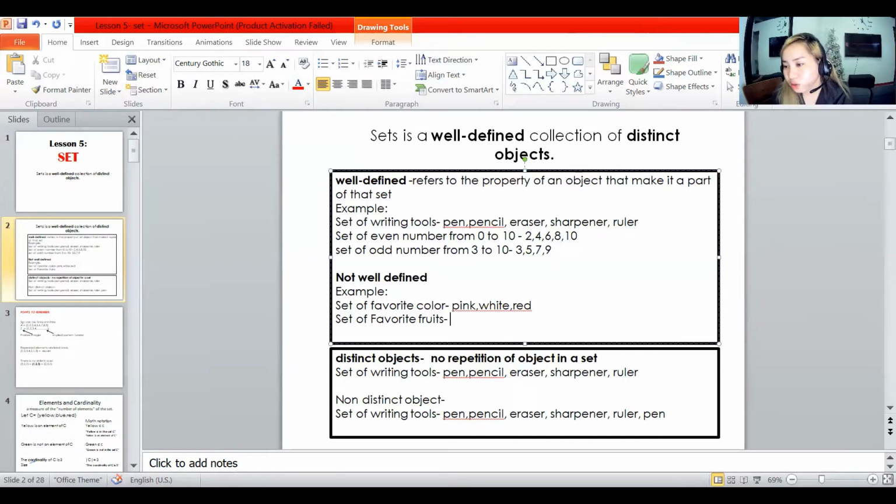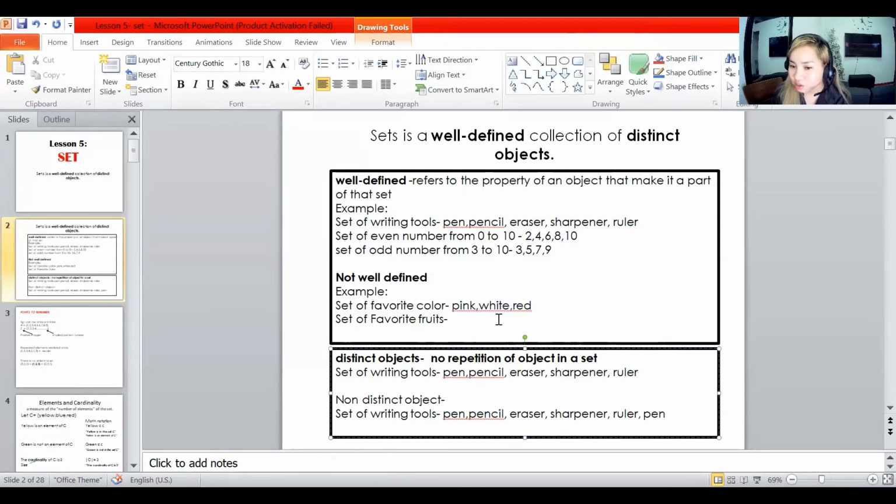So, kung ako yung tatanungin nyo, meron akong set ng favorite fruits ko. And kapag naman po kayo yung sumagot dyan, meron din kayong set ng favorite fruits nyo. So again, a well-defined set is clear po or related yung elements dun sa given set. Dito naman po sa not well-defined set, yung mga elements po is nag-change, depende po dun sa kausap nyo.